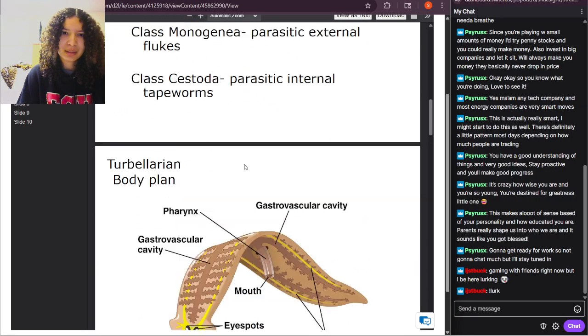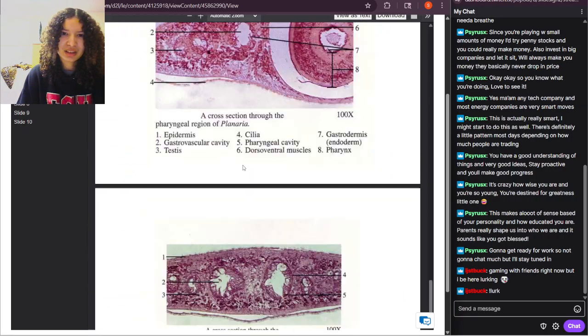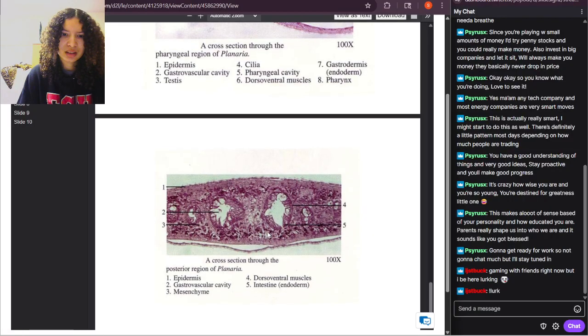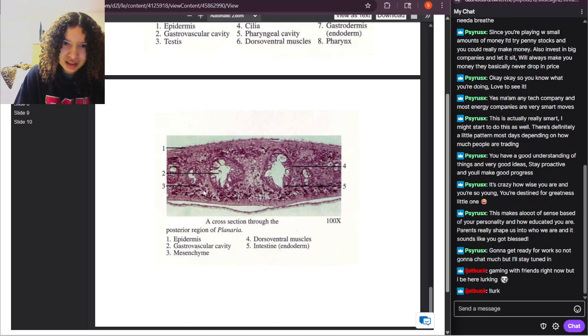Are the mesenchyme labeled on any of this? Number 3. See, how can you see that? Bro, and these are the dorsoventral muscles, 5 is intestine. Yeah, as if I'll ever be able to do that.